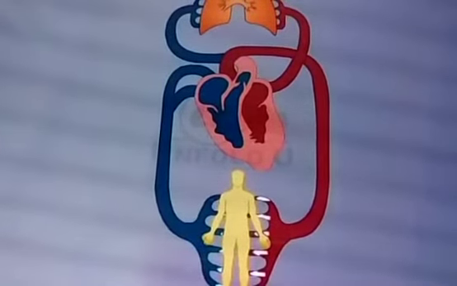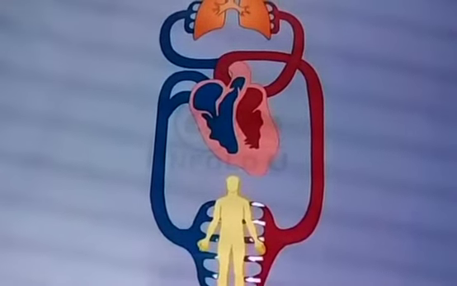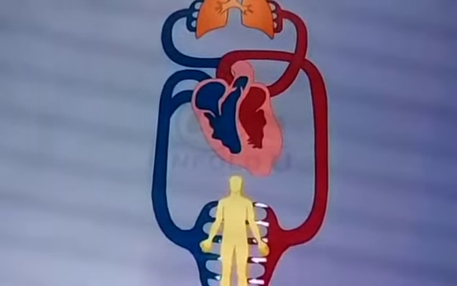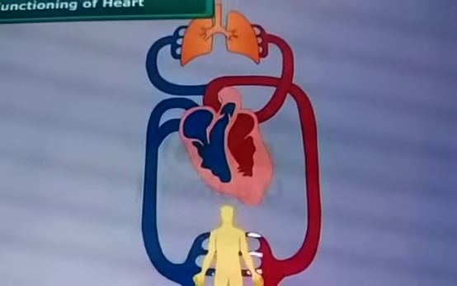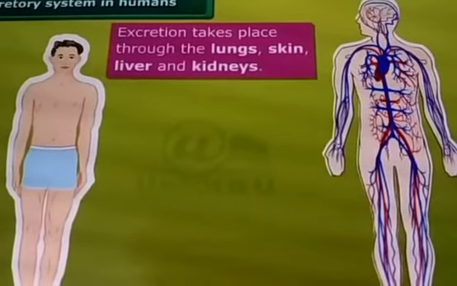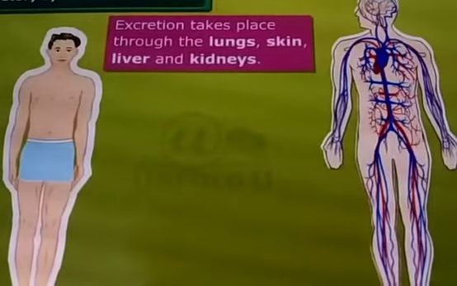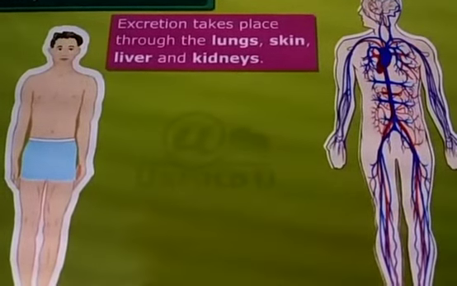Now, let us learn about the removal of waste other than carbon dioxide. Carbon dioxide you understood: after breathing, it goes out. Excretion takes place through the lungs, skin, liver and kidney. What is the meaning of excretion? Excretion is the removal of waste from the body.